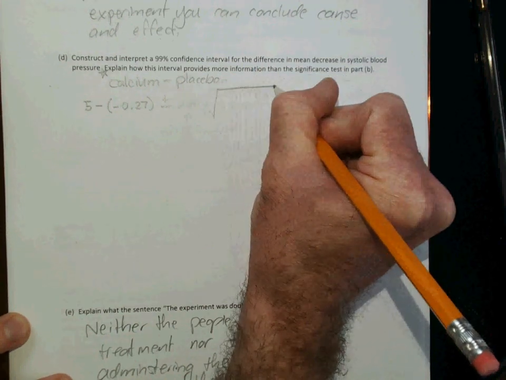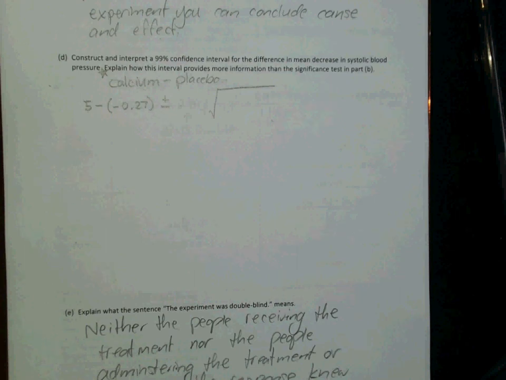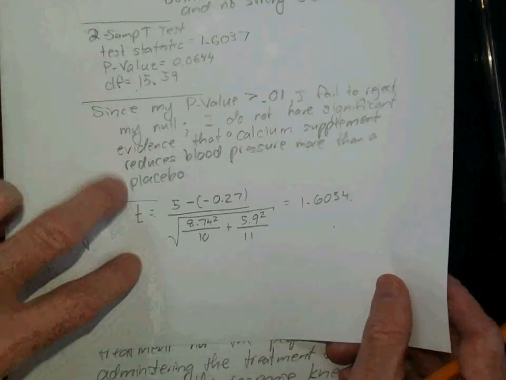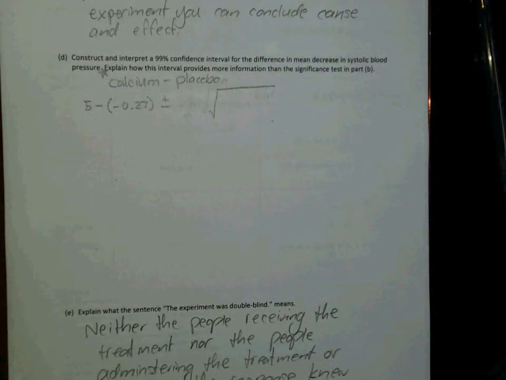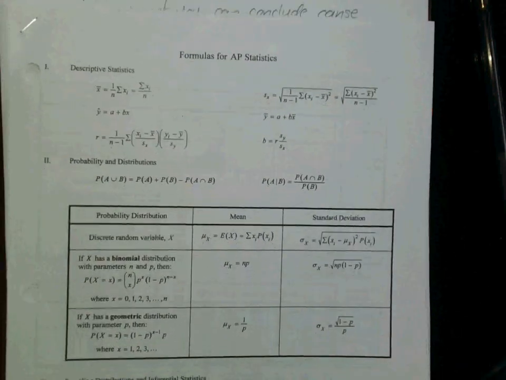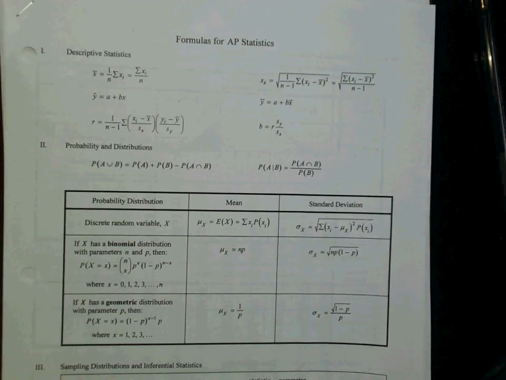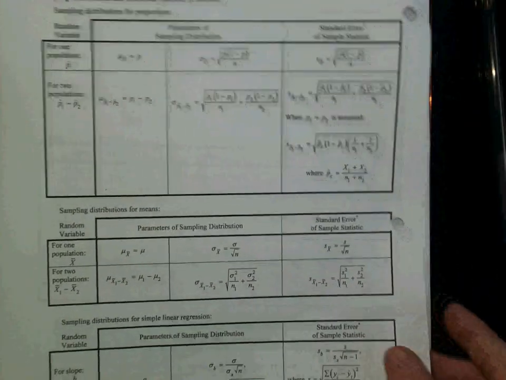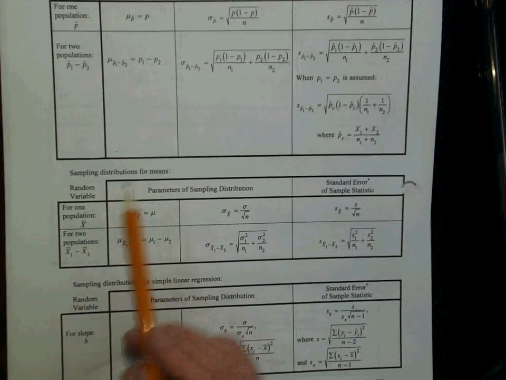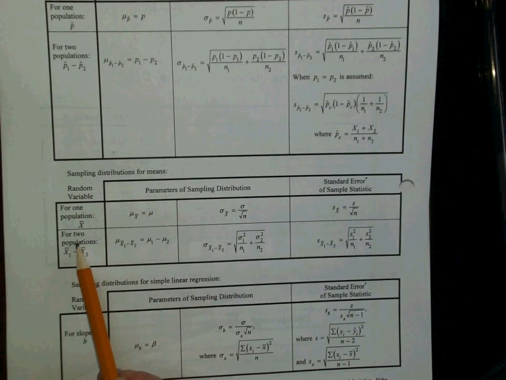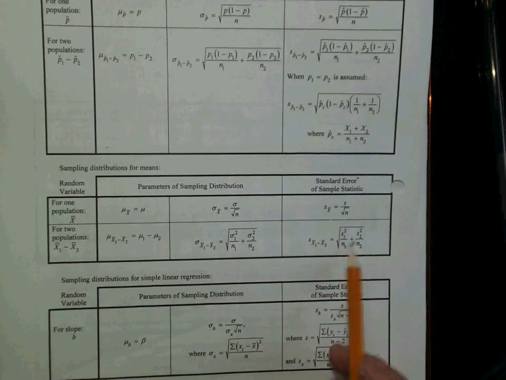And then the standard error. Now, from part B, I showed you the not required calculation of t, but this was the standard error. And really quick, since you probably have your formula sheet for AP statistics, if you look back here, sampling distributions for means, you're going to see for two populations, you see here is the standard error.